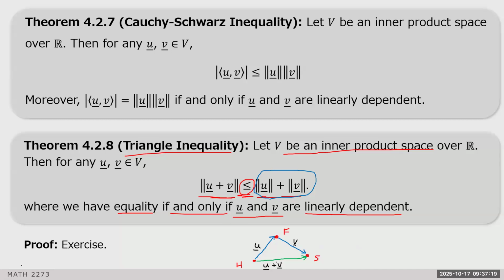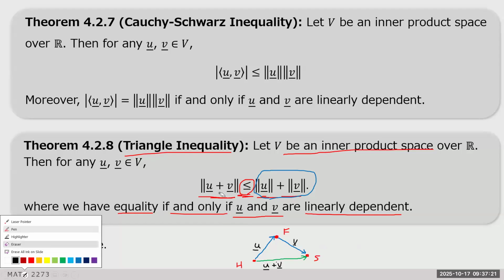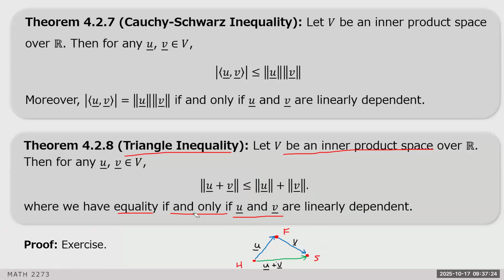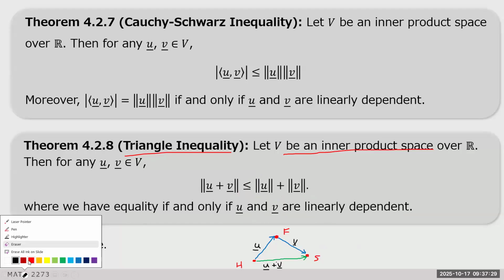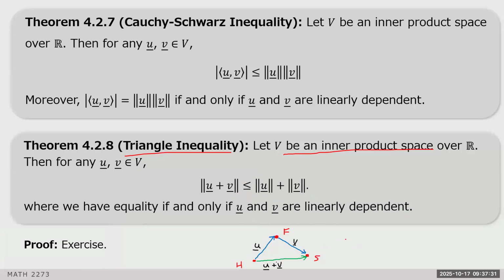Right? So this is saying that the length of the green part, u plus v, is less than or equal to the length of u plus the length of v.